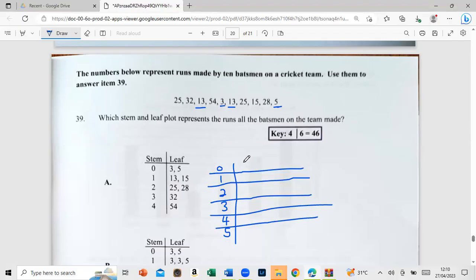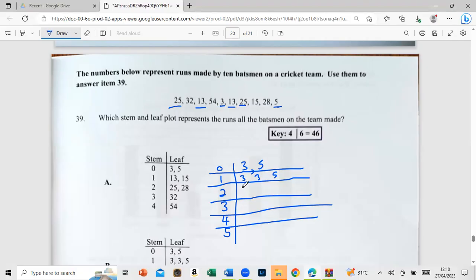Alright, so we have 3 and 5, because that's 3 and 5. Then we have 13, 13. So we have two 13s. So that's 3, 3, and we have a 15. Next, we have 25, 25, 28.